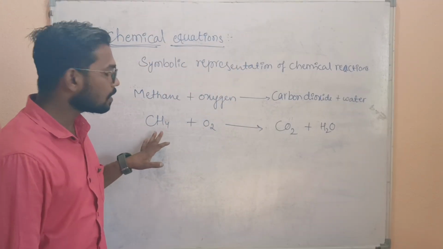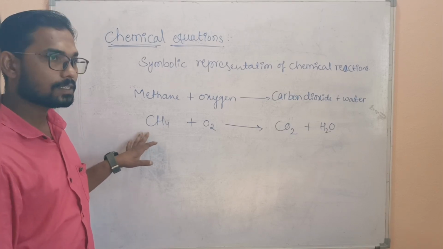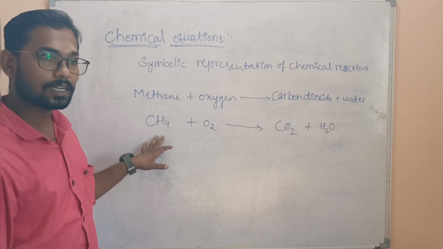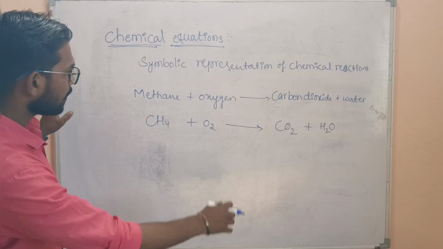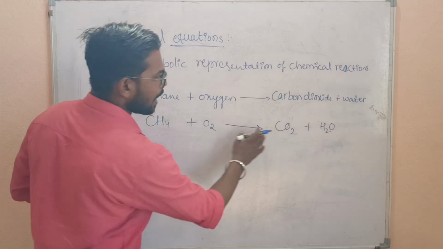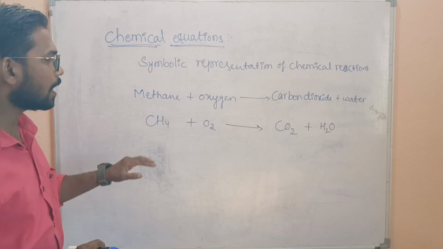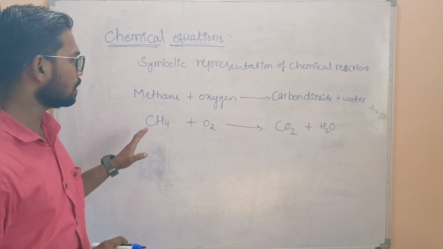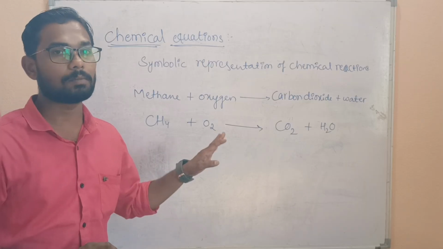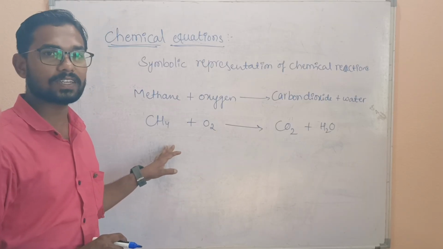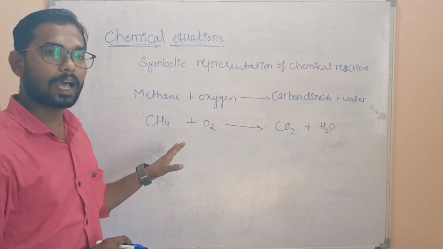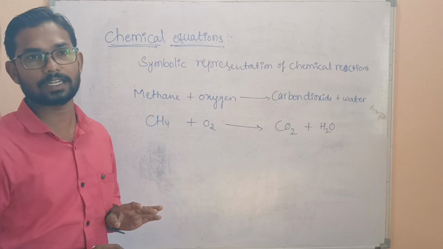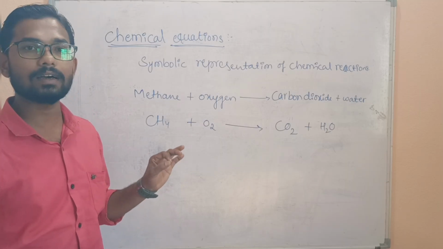Here the chemical reaction has taken place and we have written it in chemical equation form by using symbolic representation. Both sides have the same elements, and the second thing is whether they are balanced or unbalanced. If it is a balanced equation, then it is okay. If they are not balanced, it is called an unbalanced chemical equation or skeletal chemical equation.